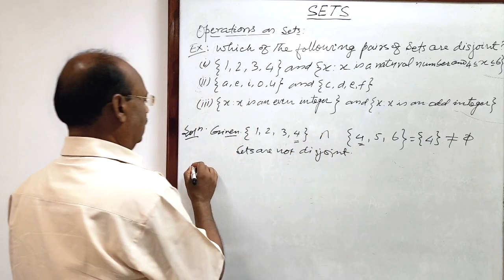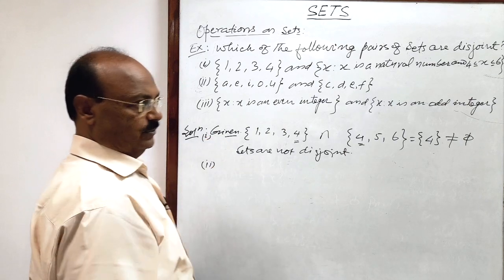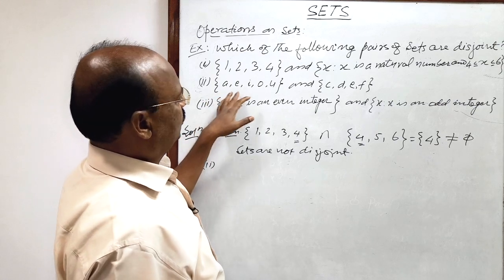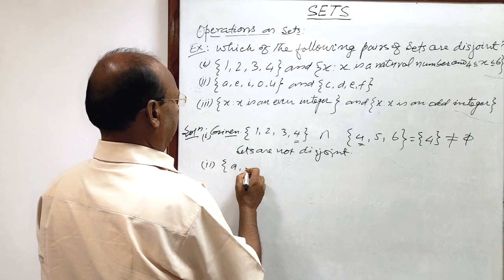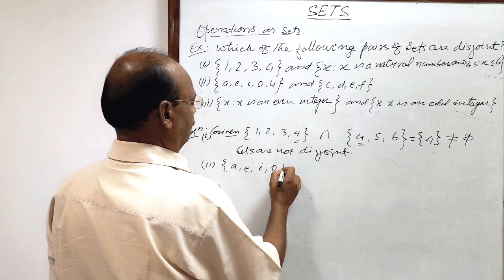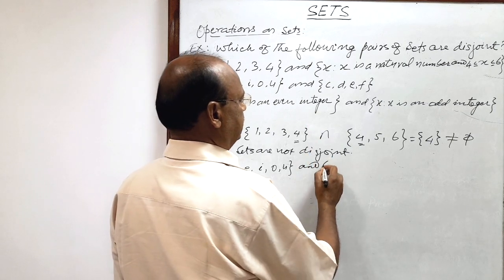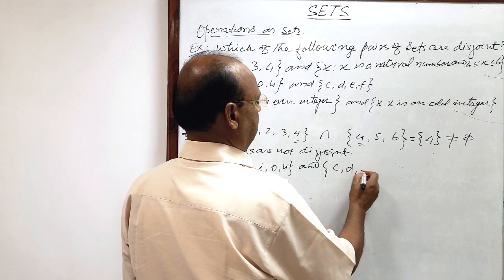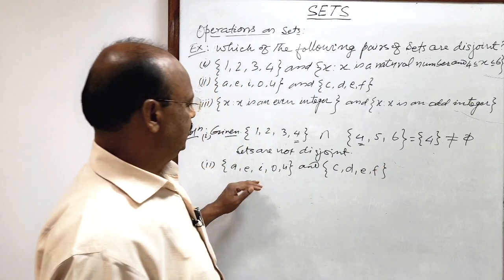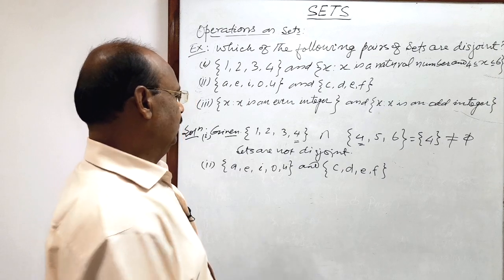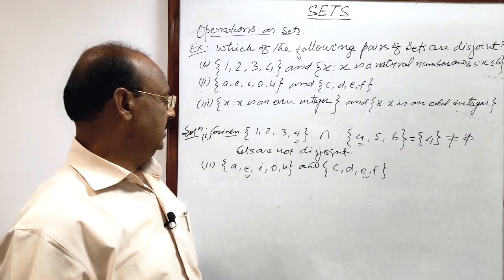Clear? This is the first part. Now let us see the second part of this question. Two sets are given here. The first set has elements A, E, I, O, U, all the vowels, and another set has elements C, D, E and F. If you check these two sets, you will see that one element is common in both the sets.